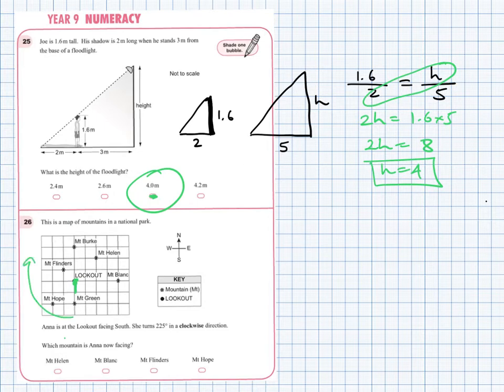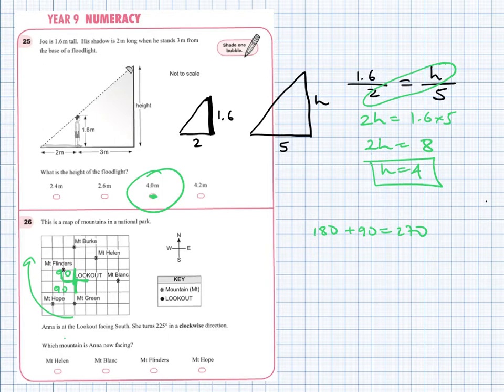If she turns and looks this way, that's 90 degrees. If she turns and looks this way, that's again 90. So far that is 180. If we go one more time, there's going to be one more 90, which is 270. But we don't have 270, we have 225. So let's go back.